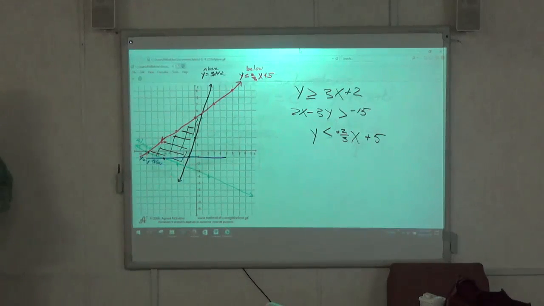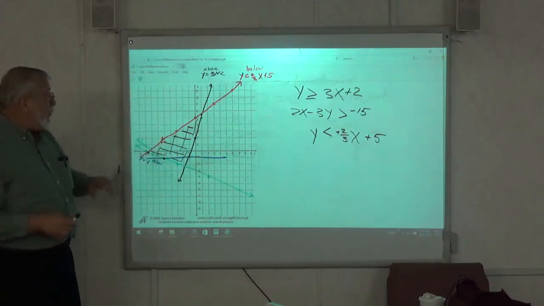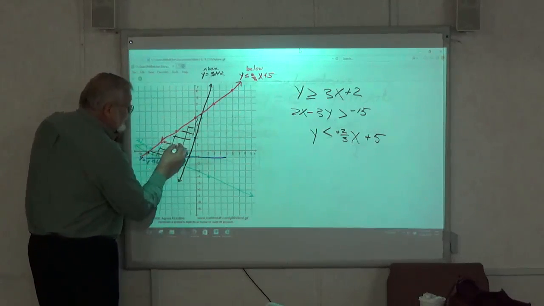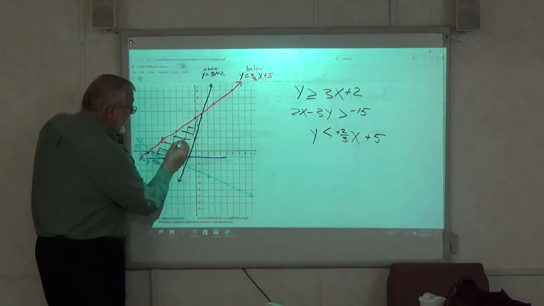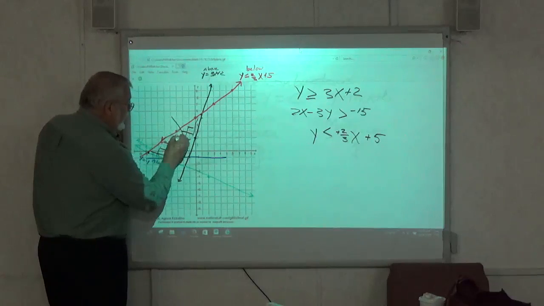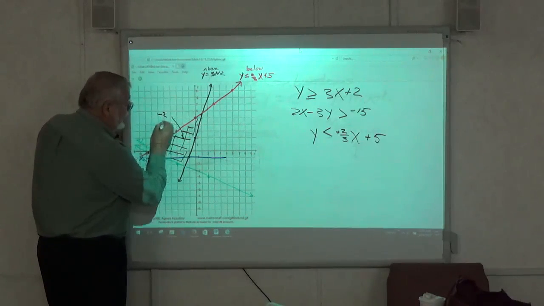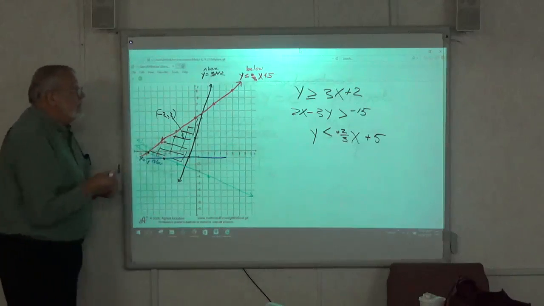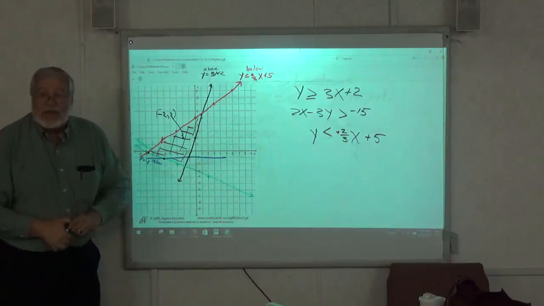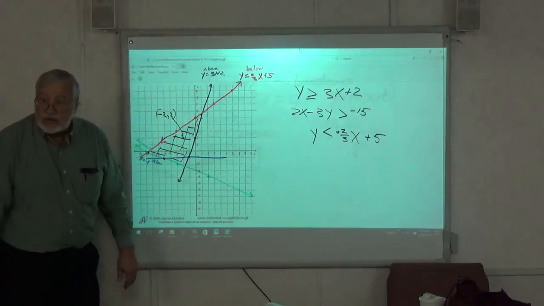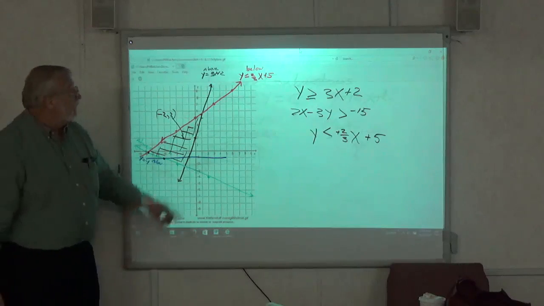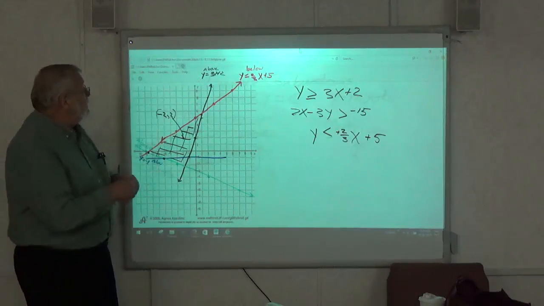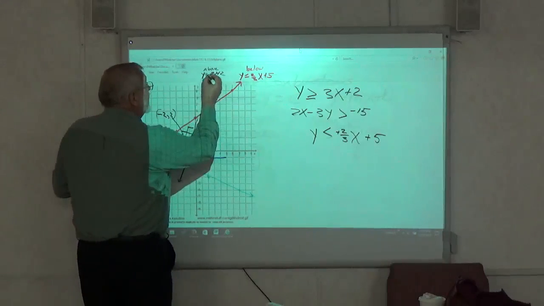That's the region where any point that's inside here, let's take, just for instance, the point -2, 2. -2, 2 will make every equation true. When x is -2, now this was greater than, right?